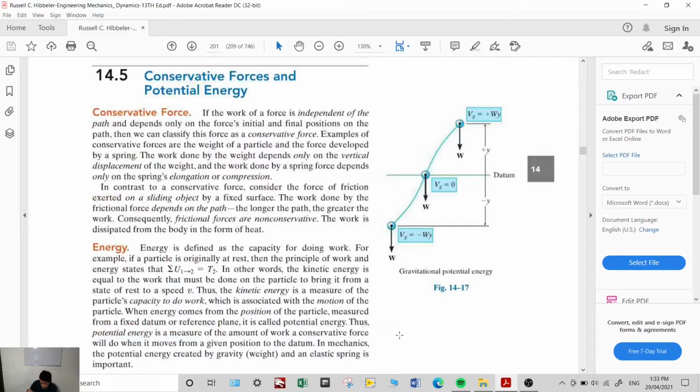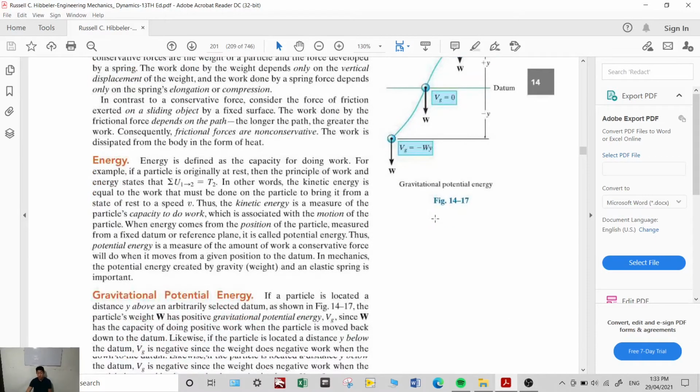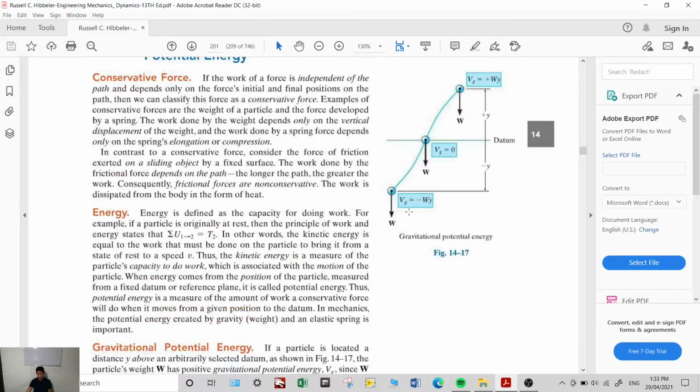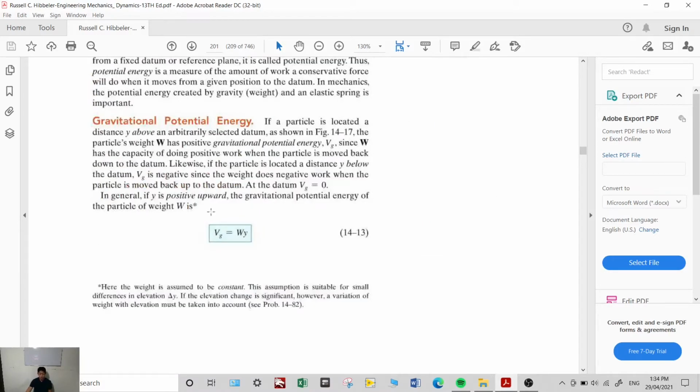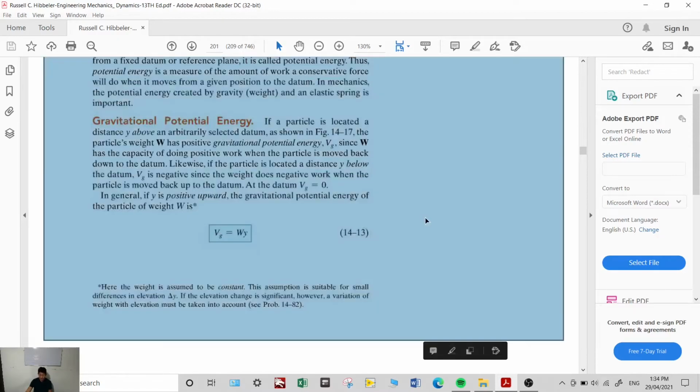How about if it is below the datum? Then its potential energy is negative, meaning you need to exert this amount of energy in order to bring the object into this position, the datum. So I repeat, the gravitational potential energy is denoted by V sub g, which is just equal to weight times the height.